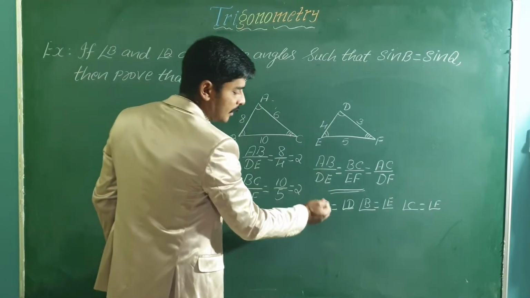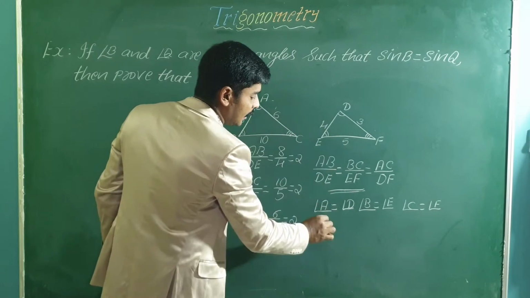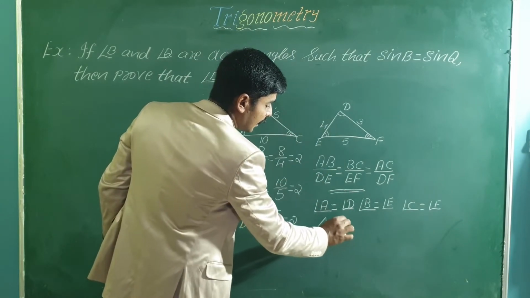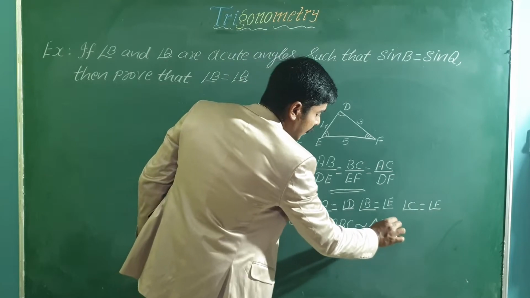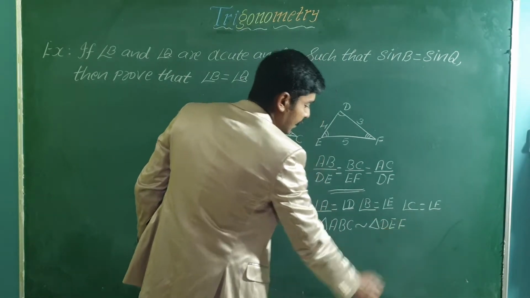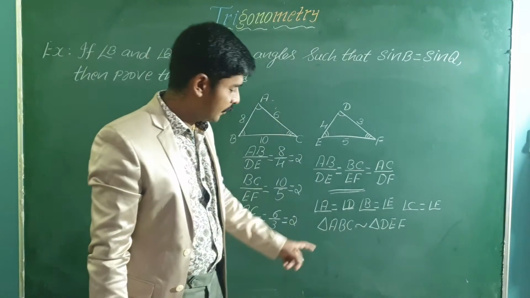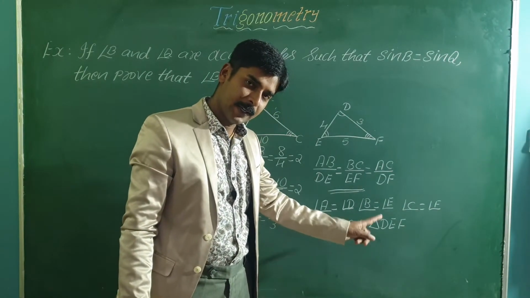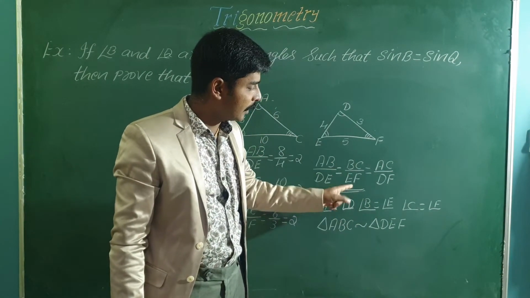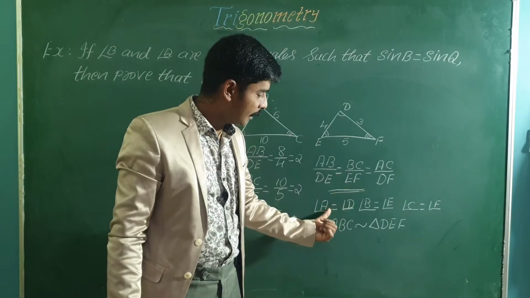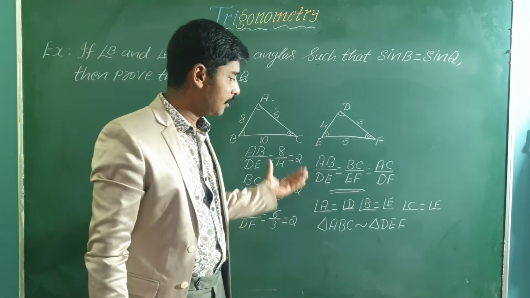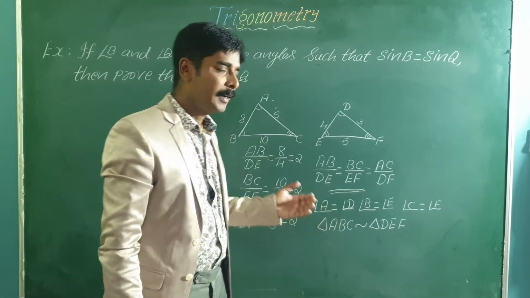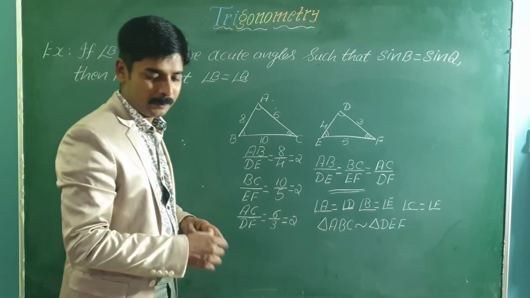If these two conditions are fulfilled, then we say that triangle ABC is similar to triangle DEF. If two triangles are similar, then definitely the ratio of their corresponding sides will be equal and the corresponding angles will be equal. So keeping this in mind, let us try to solve this problem.